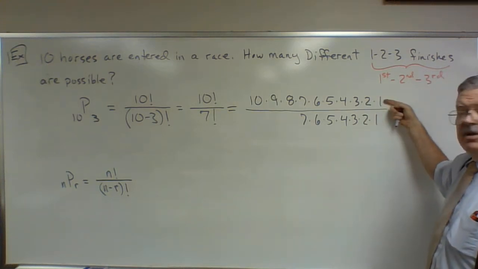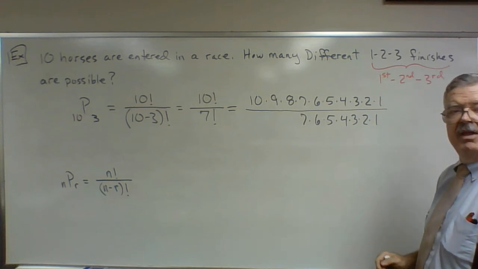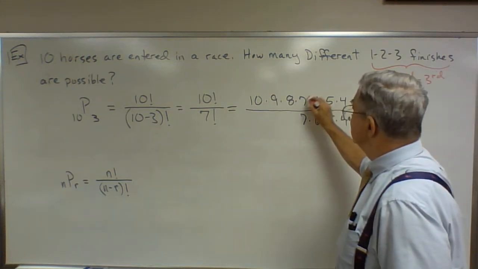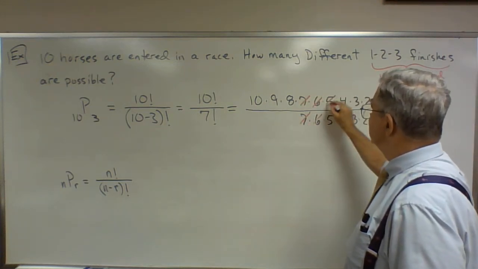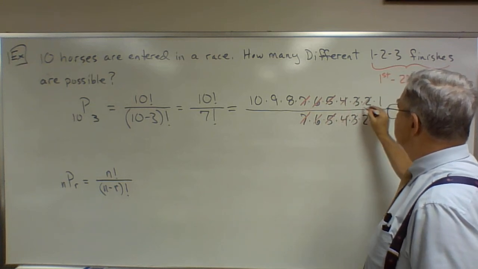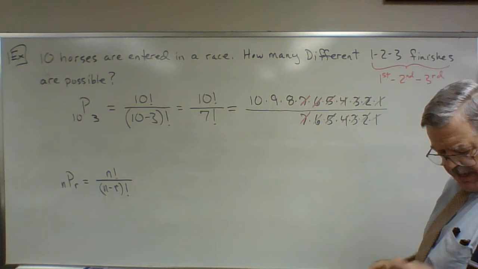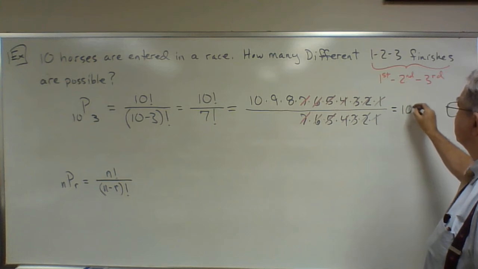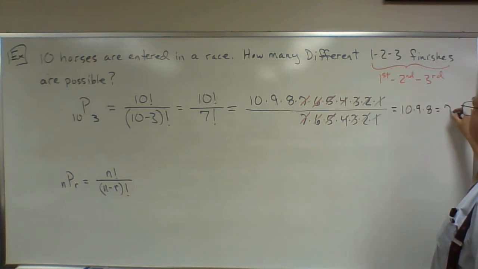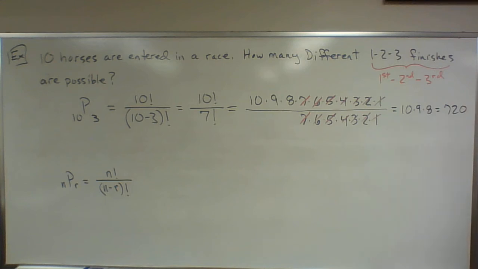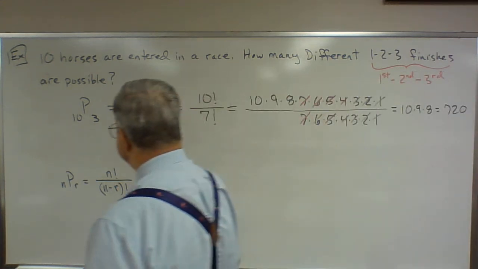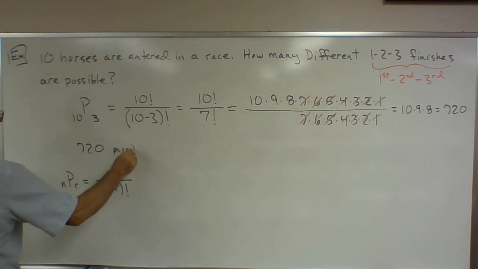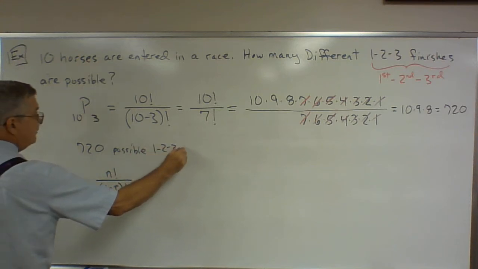This is a product up top. This is a product down at the bottom. So we can cancel out common factors. 7 cancels with 7, 6 cancels with 6, and so on and so forth. And what do we have left? 10 times 9 times 8, which is exactly what we got before. 720 possible 1, 2, 3 finishes.